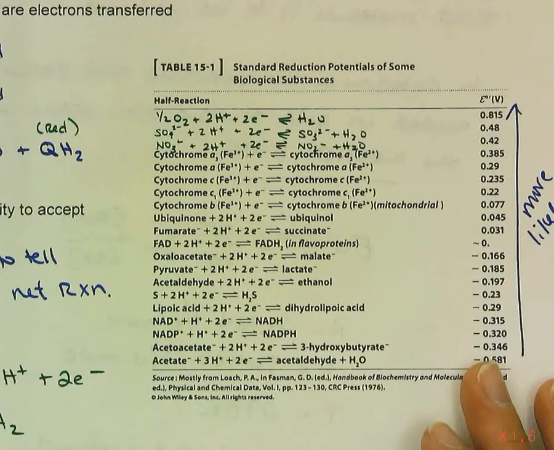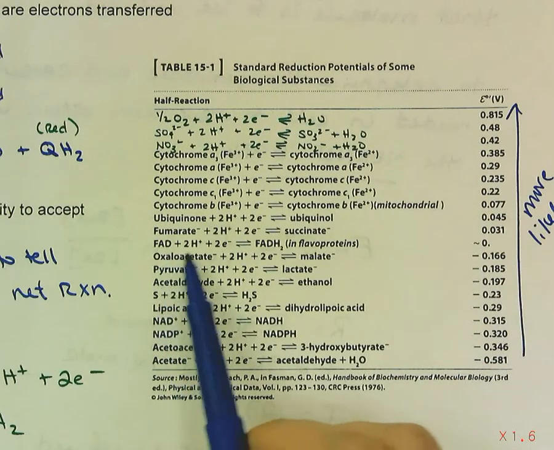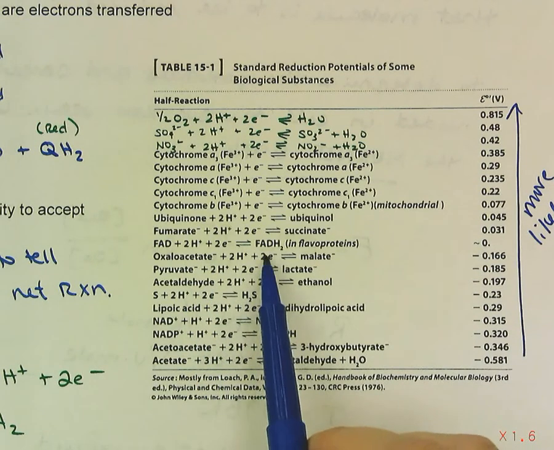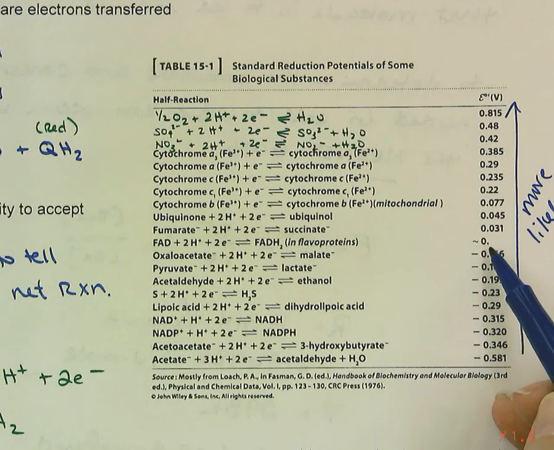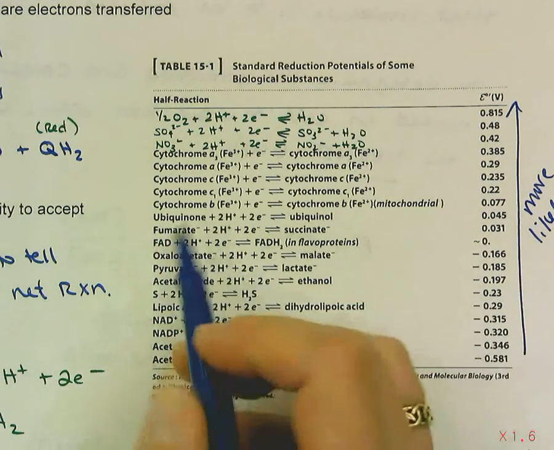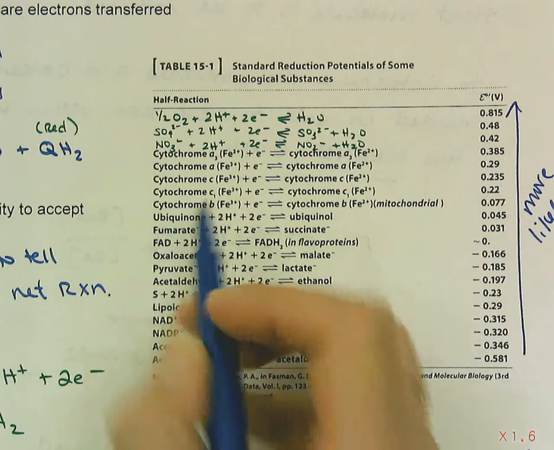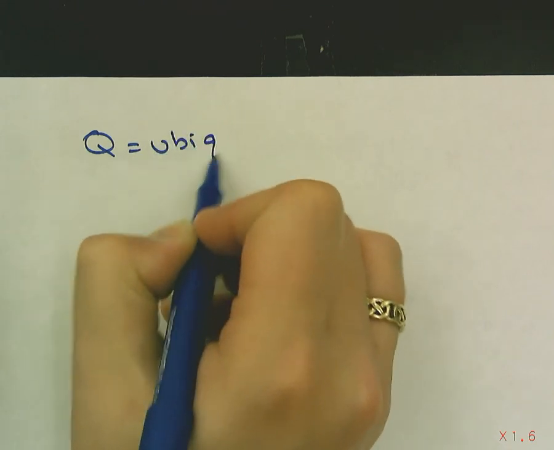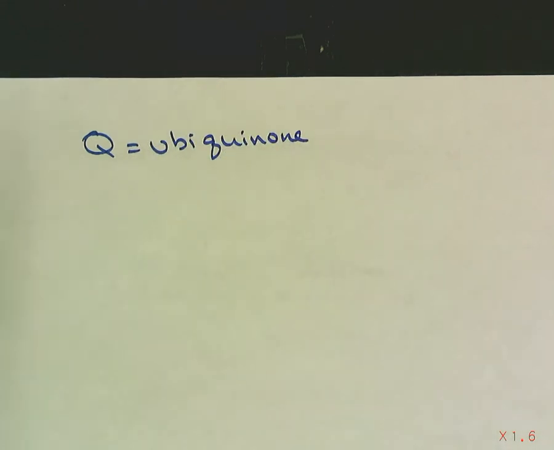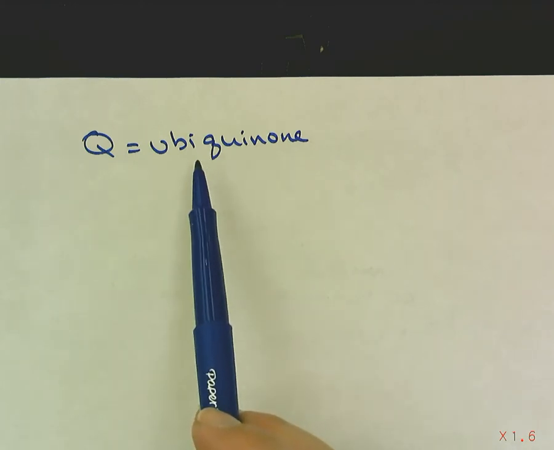All right, so here we have on my table, I have FAD plus 2 protons plus 2 electrons makes FADH2, and its E0 is about 0. I guess E standard state prime is about 0. Our CoQ, which we haven't called it this yet, but it's ubiquinone. I'll write that over here. Q is the same thing as ubiquinone. We get the Q from the quinone portion of it.